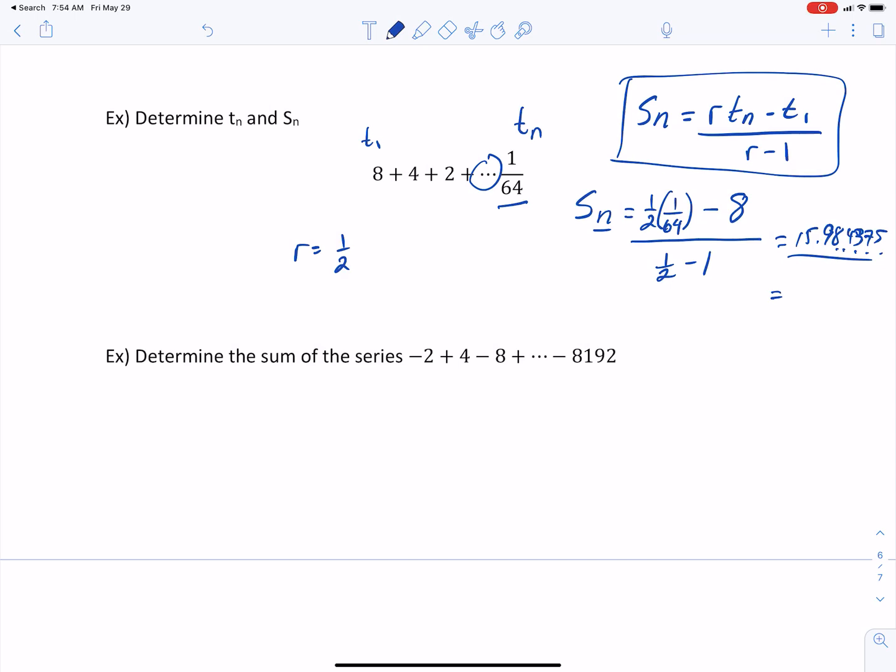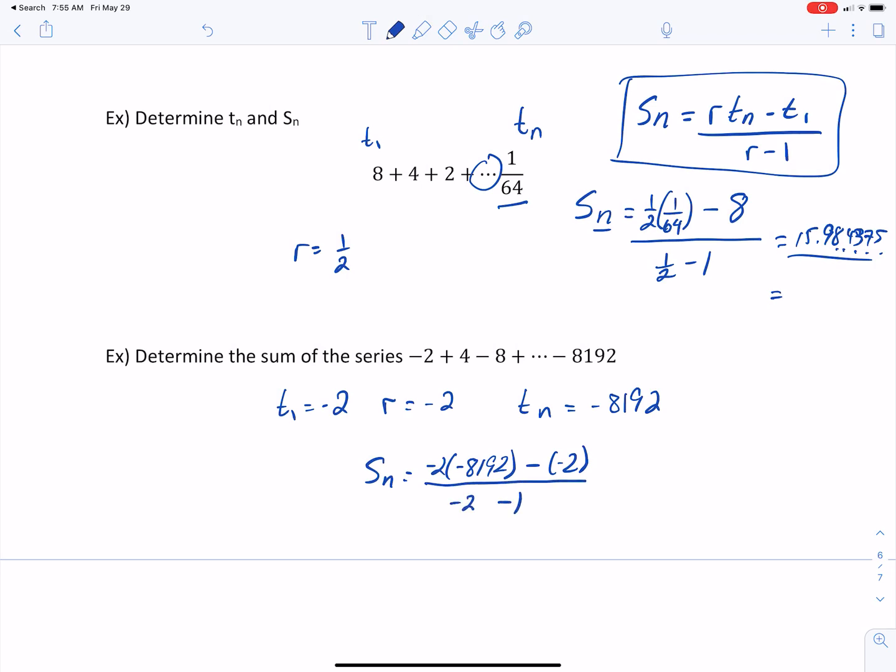Okay, so term 1 is -2. R is also -2, the common ratio. Tn is -8,192. And now we have enough information to find the sum of all these terms. So r times Tn minus term 1 all over r minus 1.